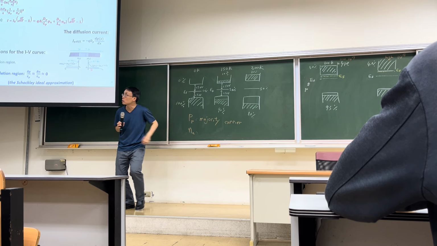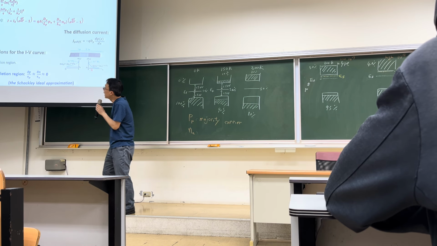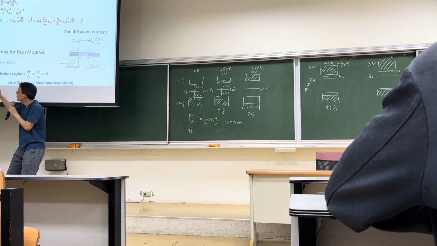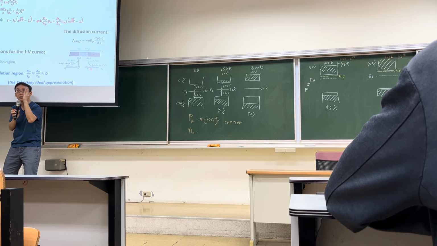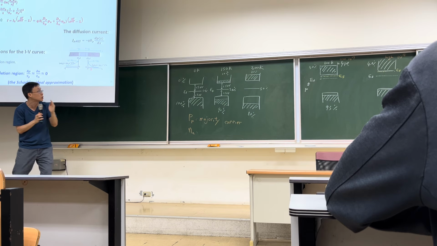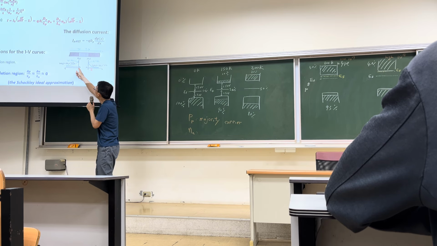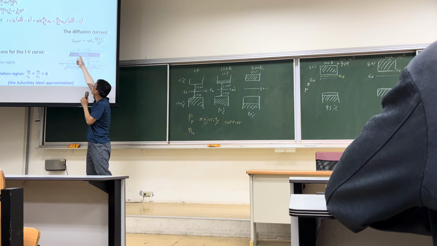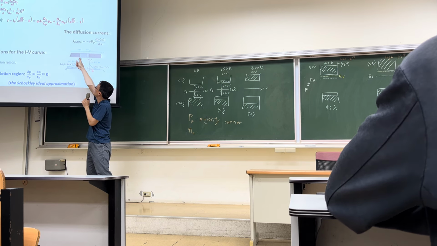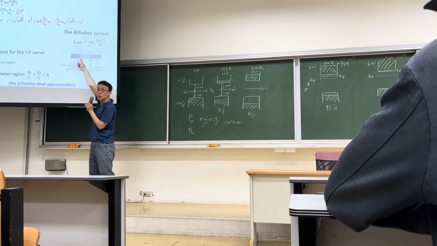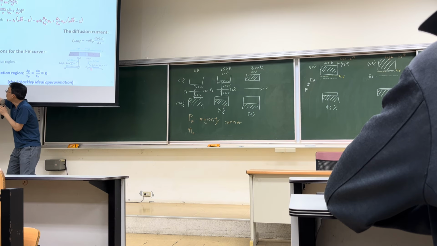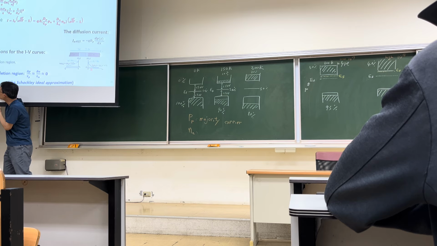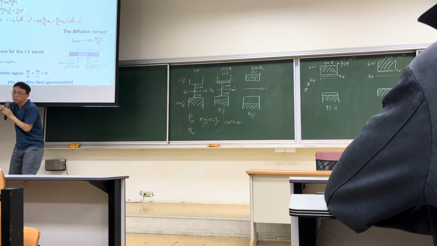Okay? So this assumption is telling you that at the edge of the P-type region, before the carrier goes into the depletion region, here is the depletion region, the P-type region, and the interface is here. At this position, very important, the majority carrier is the same as the injected carrier.